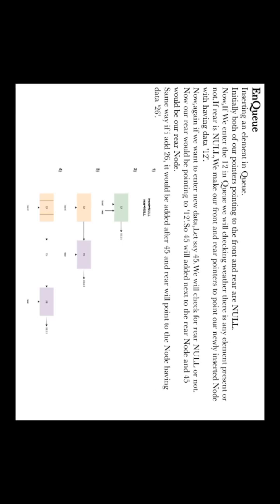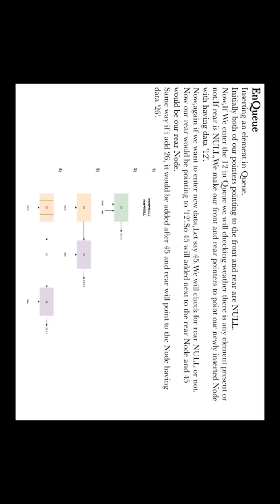With example for linked list, we will make structure of a node using struct keyword in which we have int data and one pointer of that structure to point to another node. First we will take two pointers of that struct node, front null and rear null. ENQ, inserting an element in queue.